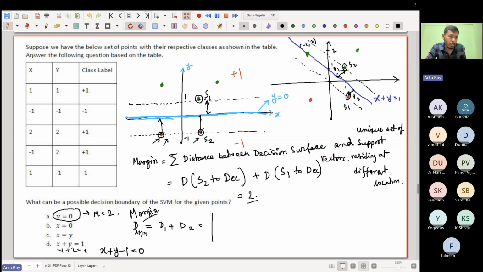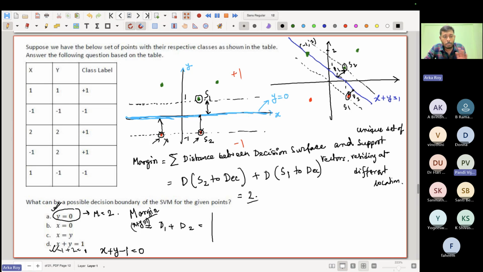So this is basically, let me rewrite it. We are left with two last options, that is y equal to 0 and another one is x plus y equals to 1. So now I am calculating the margin for x plus y equals to 1.